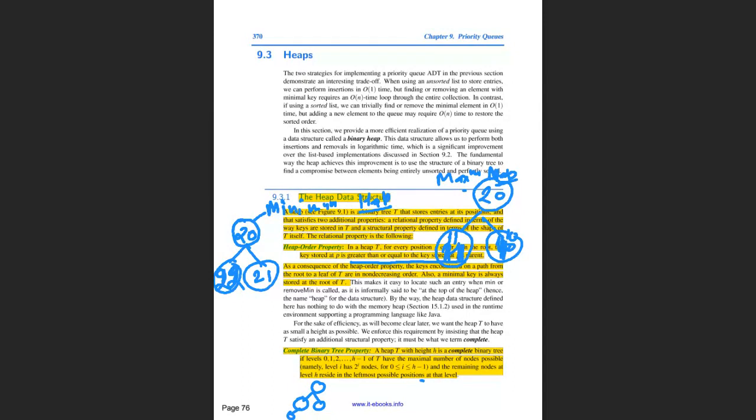The last level, if not full, must be filled from the left. This is complete, no problem. This is also complete, no problem. This is not complete. Why? Because the left is missing. So to make any tree a heap, the tree should be a complete binary tree.